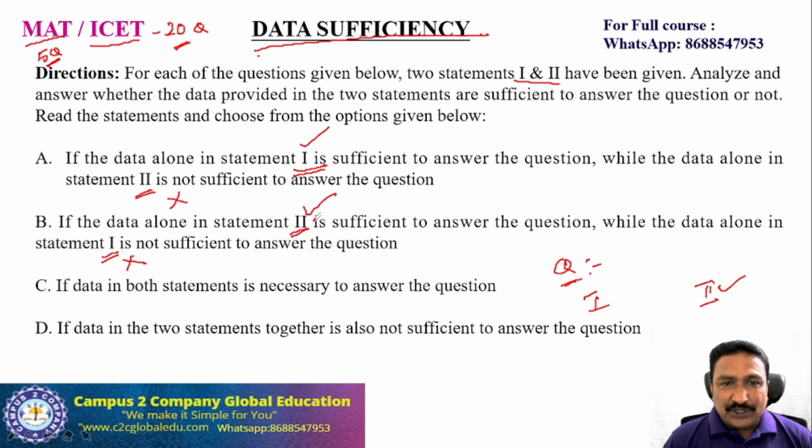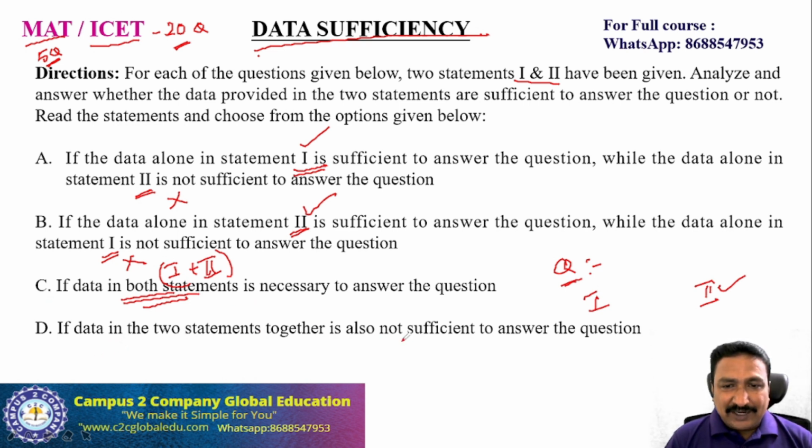Suppose for some questions we will not get the answer from the first statement, and we will not get the answer from the second statement either. In this case, you will combine the first statement and the second statement together. By combining them, if you are getting the answer, then the answer is choice C. Okay, now friends, what is choice D?